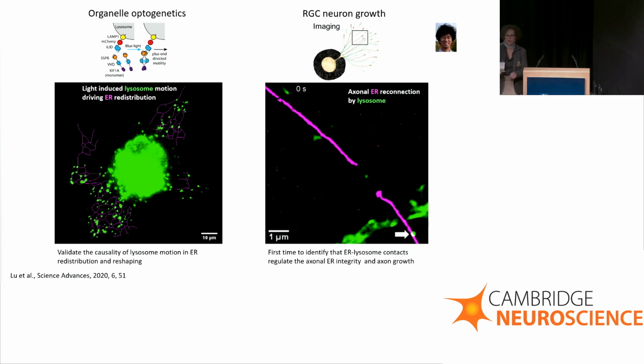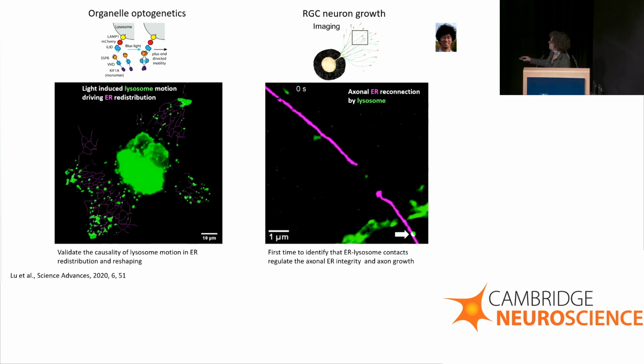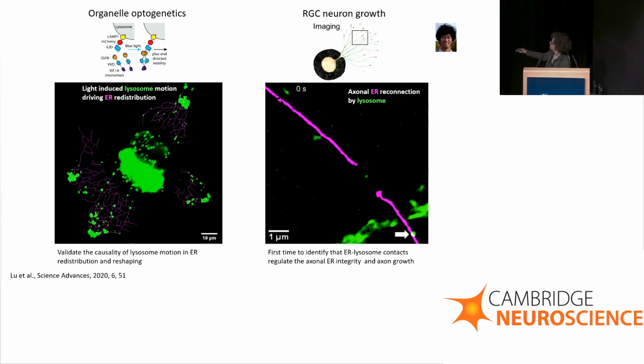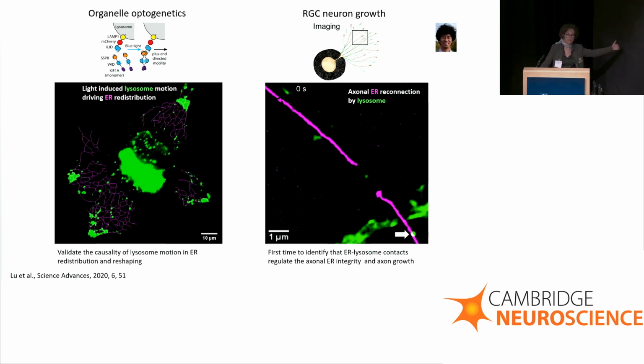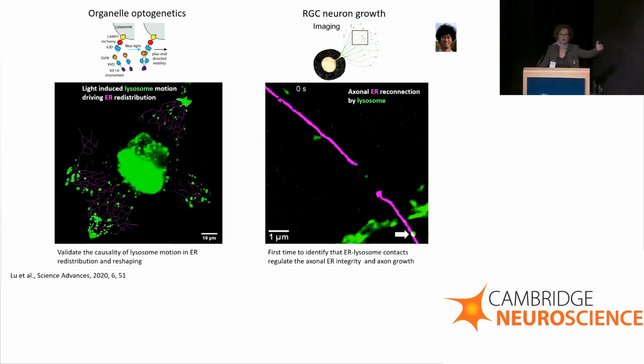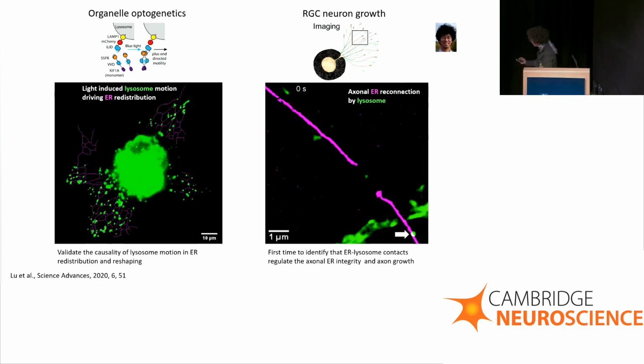And with that, we can force the lysosomes to either go to the cell periphery or bring them back again, depending on which motor we are choosing. And what you can see here, especially in magenta, at the tubular ER, if I try to play this here, you can see how the lysosomes, as they are moving to the periphery of the cell, the tubular ER is moving with it.